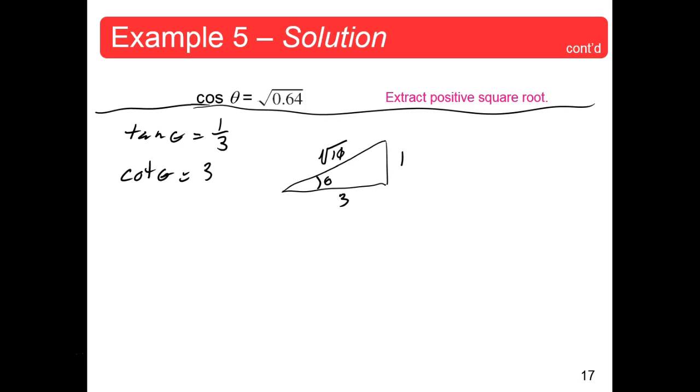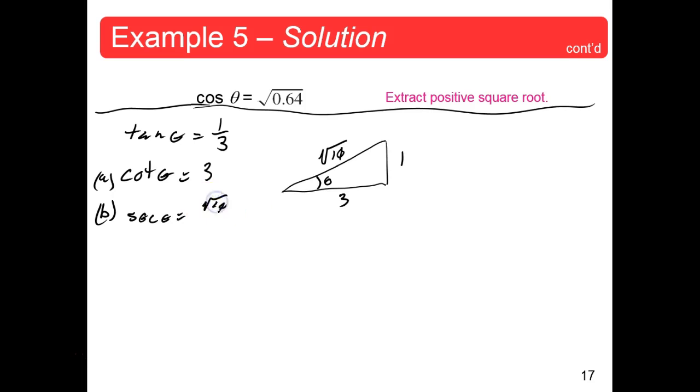But then it asked for secant of theta. This is the A part. The B part is secant of theta. Now, I know what they wanted you to do was Pythagorean identity, but guess what? We use Pythagorean theorem to get this, so we're in the same place. What is secant theta defined to be? Hypotenuse over adjacent. So in this case, what would that be?